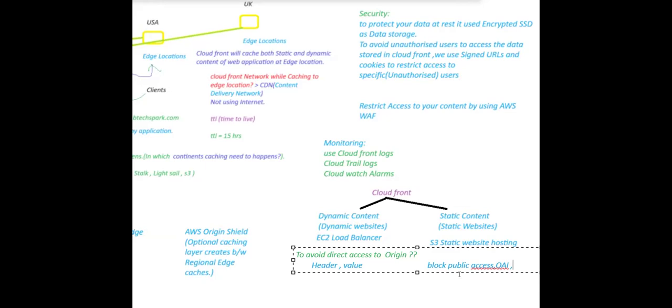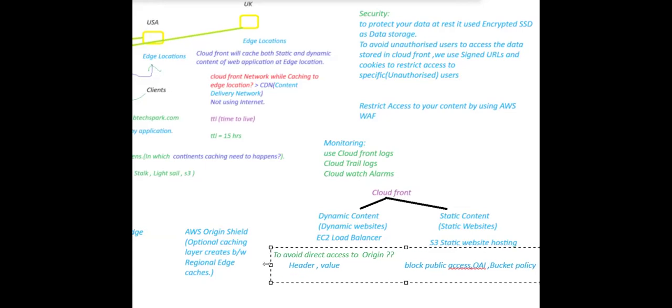At last, in order to provide access to this CloudFront to put or get the request, we just write a bucket policy. In that bucket policy, we specify we are allowing only this CloudFront to do operations like put and get.